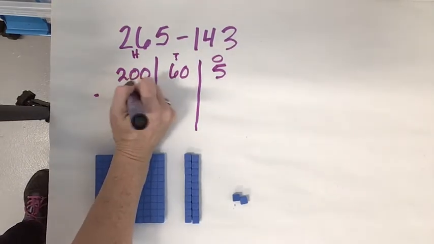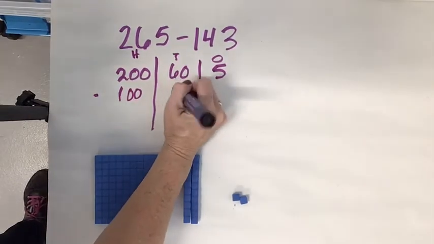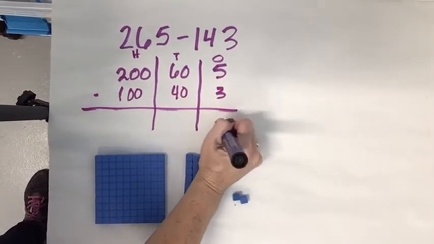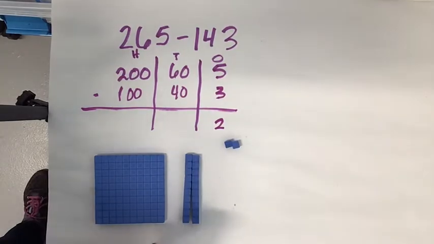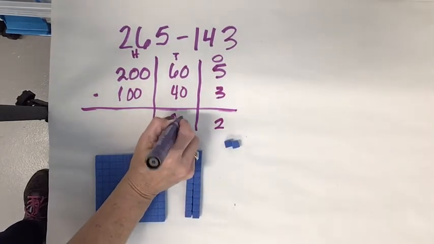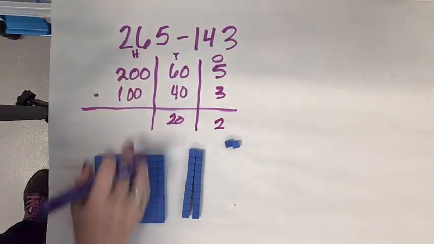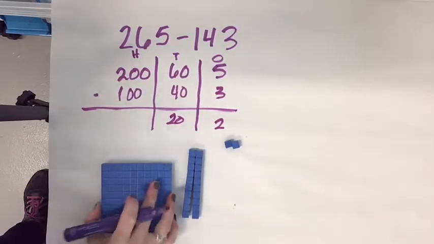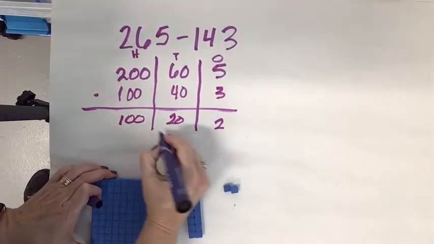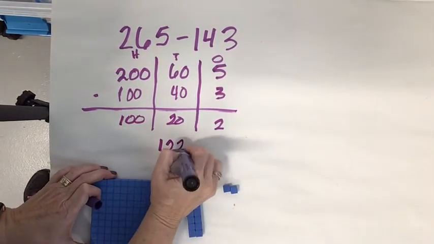And then I'm subtracting 143. 5 minus 3 is 2. Here's my 2 that were left over. 60 minus 40 is 20. Here's my 20. And 200 minus 100 is 100. Then I can put my number together and say that my answer is 122.